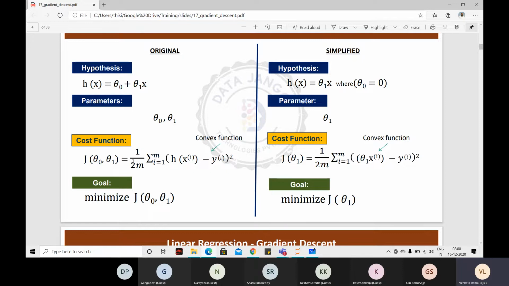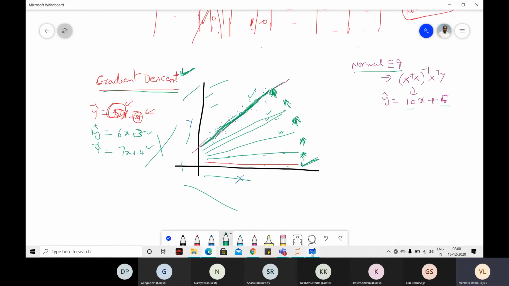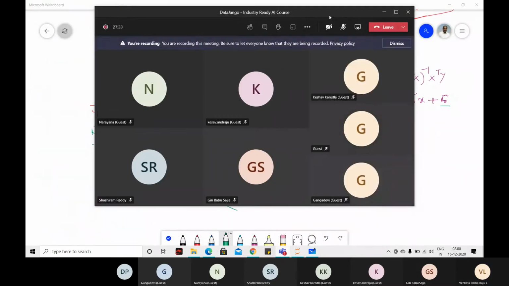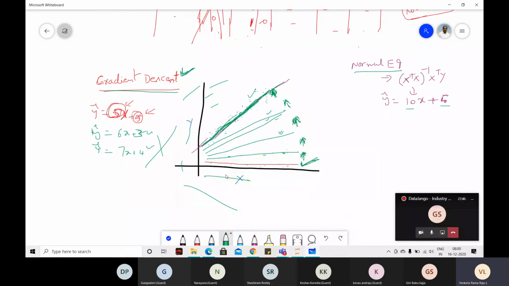So what is the algorithm's goal? It started somewhere here. The algorithm, the solver, got to know that the error is high, and it did some experimentation.